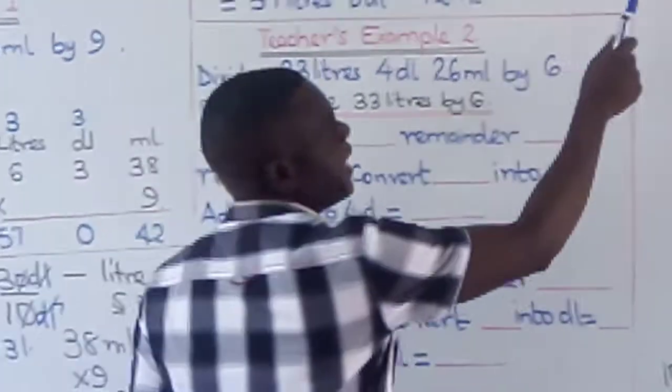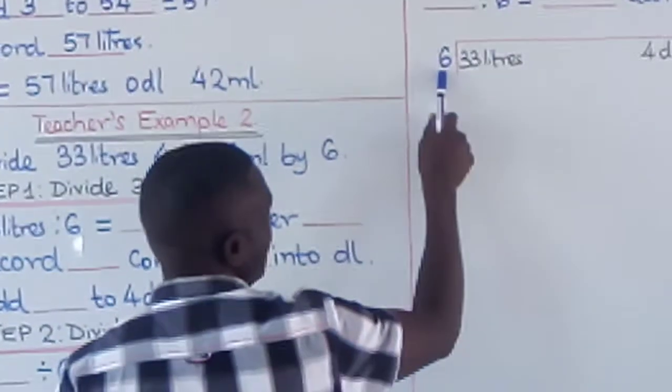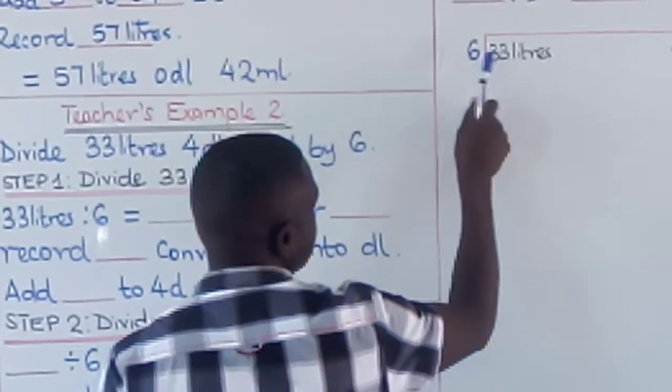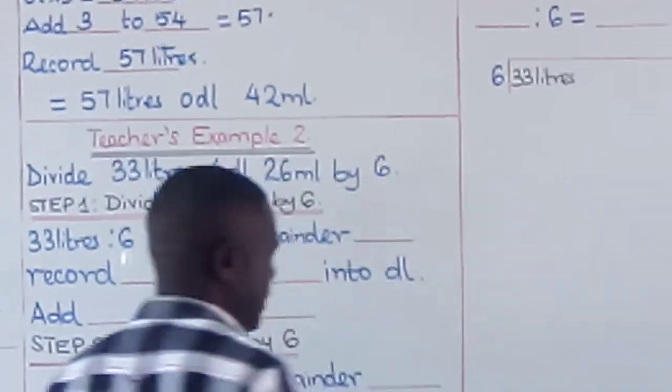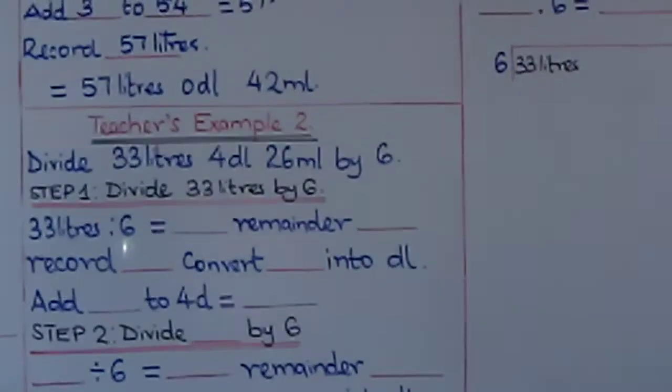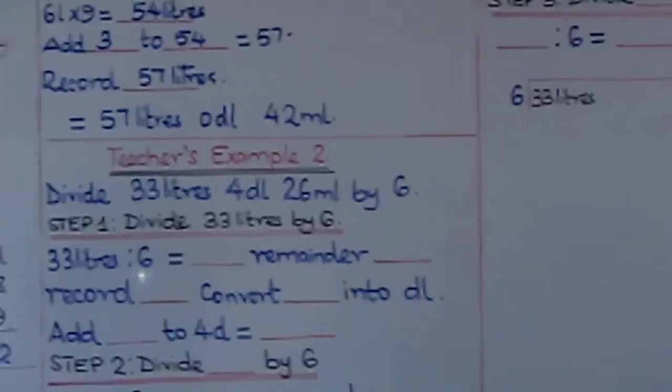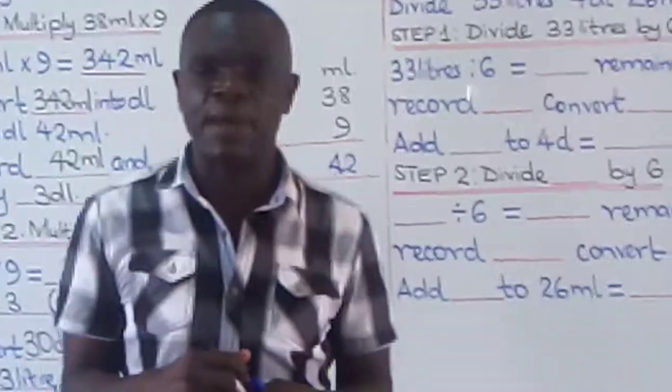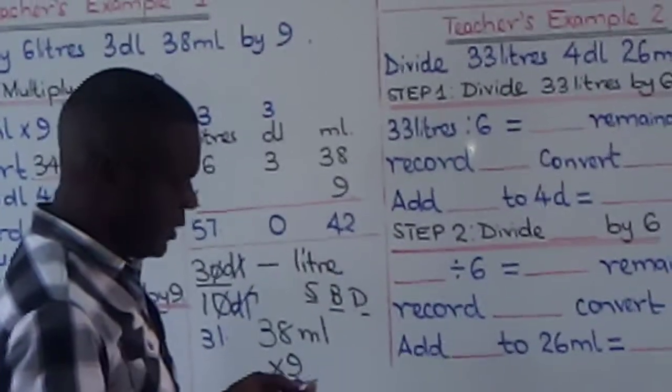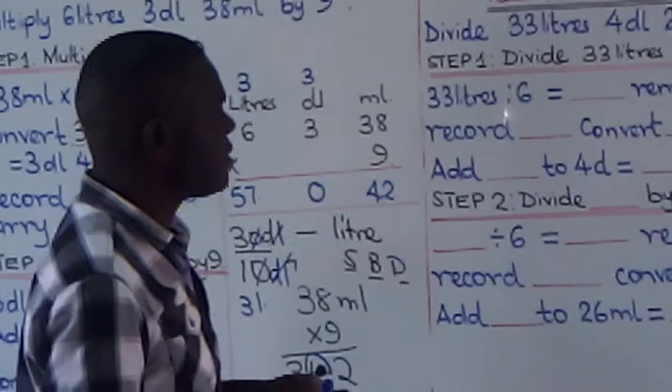Remember, we start with the first number there. We divide 33 by 6 first. 33 liters by 6. Yes, Ibrahim, 33 by 6. Very good. Ibrahim has given us the answer.